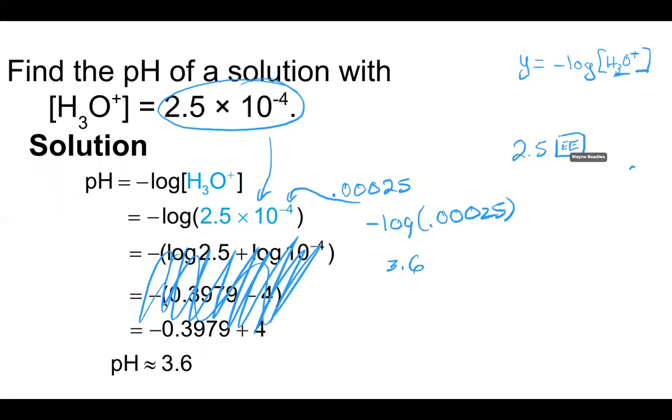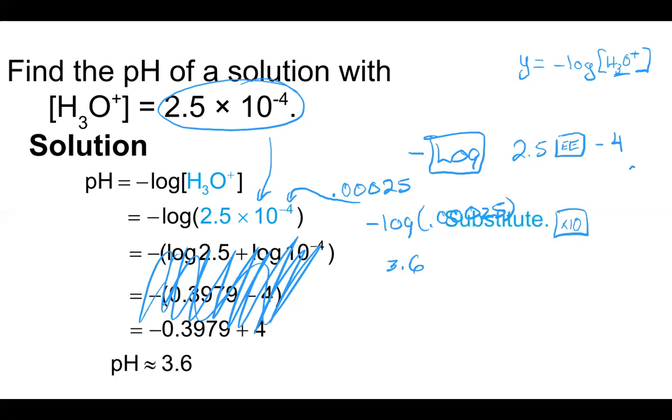You push that EE button, and then you put a minus and then a 4 in. So if you type in negative and then log, so the log button, and then 2.5 and EE and negative 4. Sometimes calculators have a times 10 button, or sometimes you can just type it in times 10 raised to the negative 4. So this depends on which calculator, all different ones.